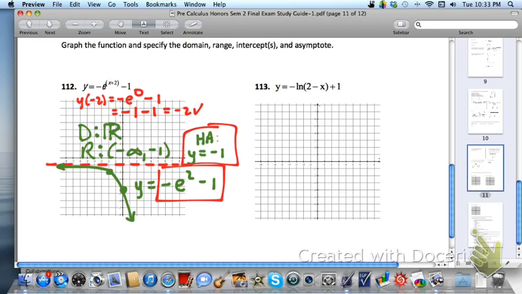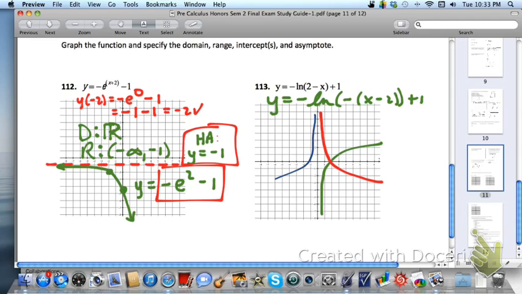I'm going to go ahead and rewrite my y here. I'm going to write y equals negative ln of negative, I'm going to factor out a negative from the inside. I'm going to get x minus 2, okay, plus 1. Now what happens is I'm going to go ahead and graph ln of x, and then negative ln of x looks like that, and then negative ln negative x is going to look like that.